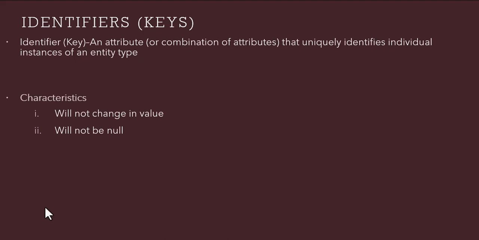What will be the characteristics of this identifier? The first characteristic is that it will not be null, meaning a null value cannot be inserted against the identifier, and it must be unique.